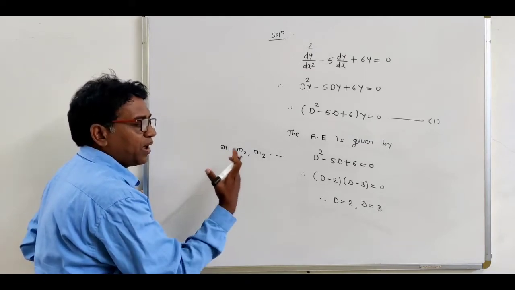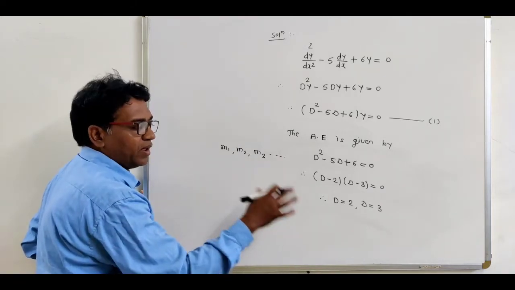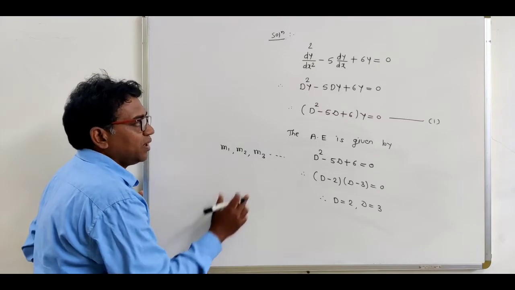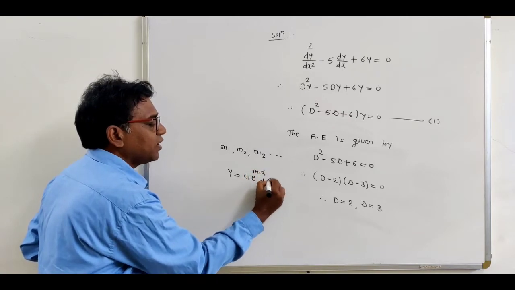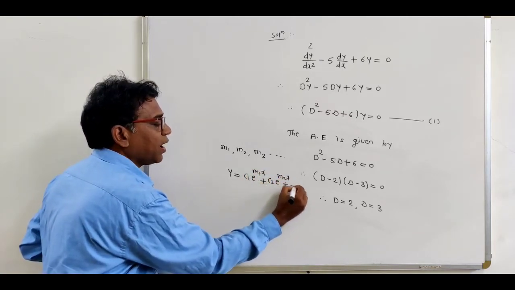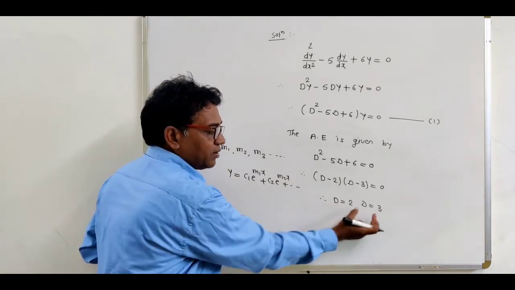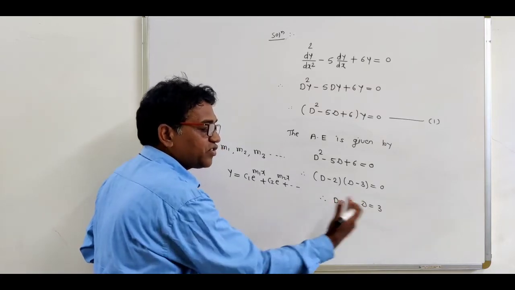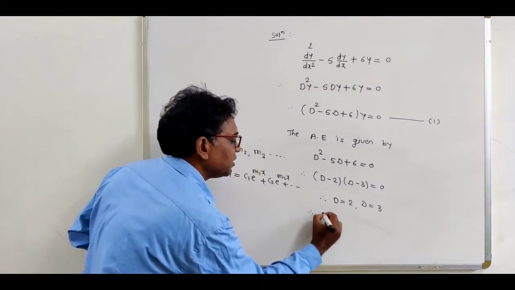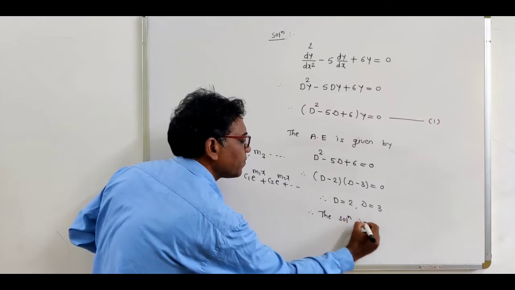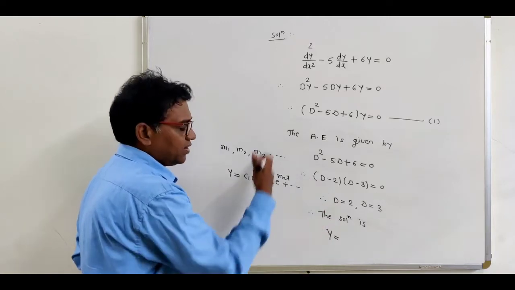If M1, M2, M3 and so on are the real and distinct roots of the auxiliary equation, then the solution is given by the formula C1 e raised to M1x plus C2 e raised to M2x and so on. Our observation is that M equal to 2 and M equal to 3 are distinct real roots, so we can use this formula. Therefore the solution is y equal to, using the formula for distinct real roots.